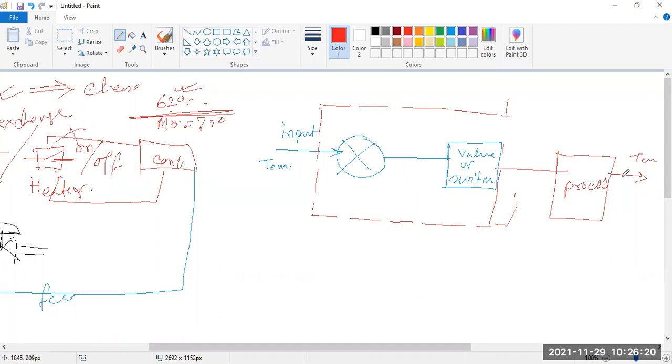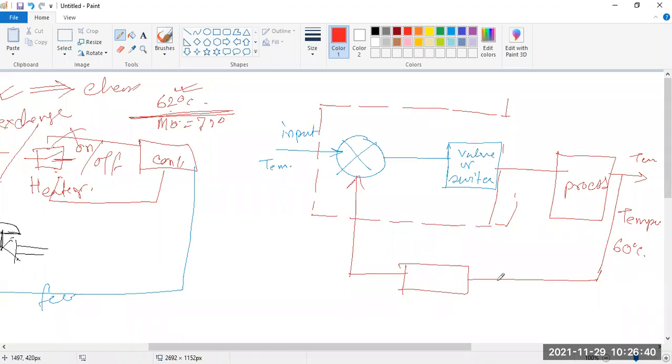And then it is coming to a signal. Look, this is the feedback signal, the temperature. Here it is getting some temperature, maybe 60 degrees centigrade, whatever it may be. But here is a temperature sensor.